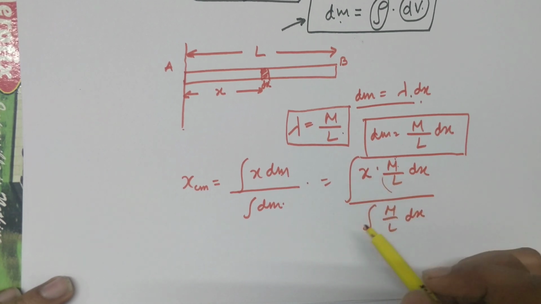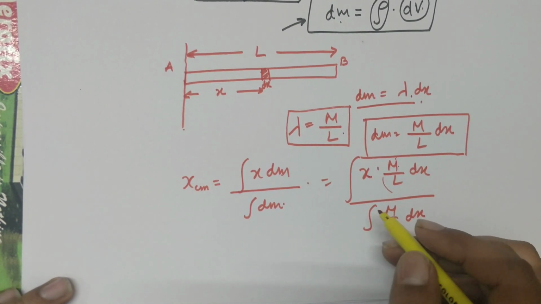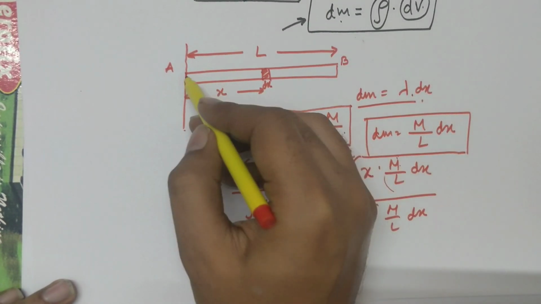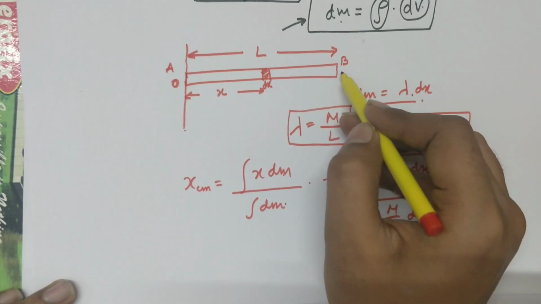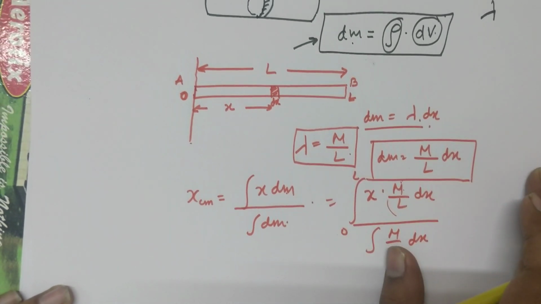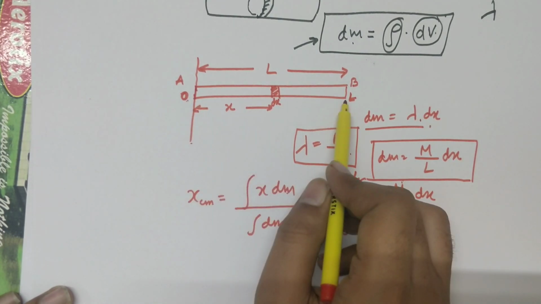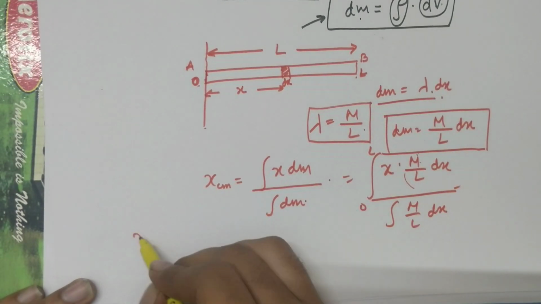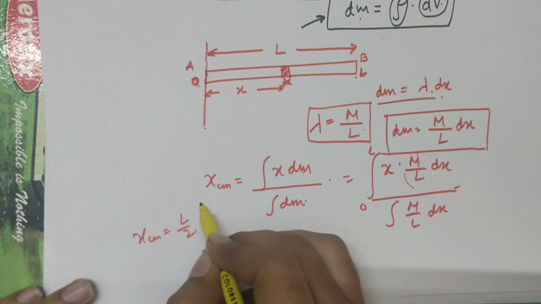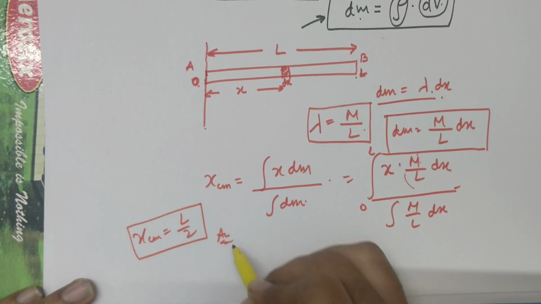This will be integration, from where to where? 0 to L. From here length is 0 and up to here length is L. So you have to integrate this from 0 to L. So from here XCM will be L by 2. This will be the answer.